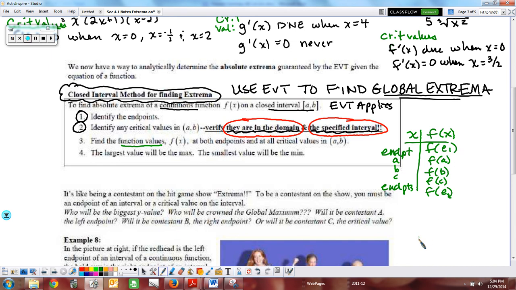So you just plug them in and you make a list. You always just organize it in a chart. That's the easiest thing. And because we are guaranteed by EVT to have a global max and a global min, the largest will always be the max and the smallest will always be the min. So you just scan through here and look for the largest and the smallest.